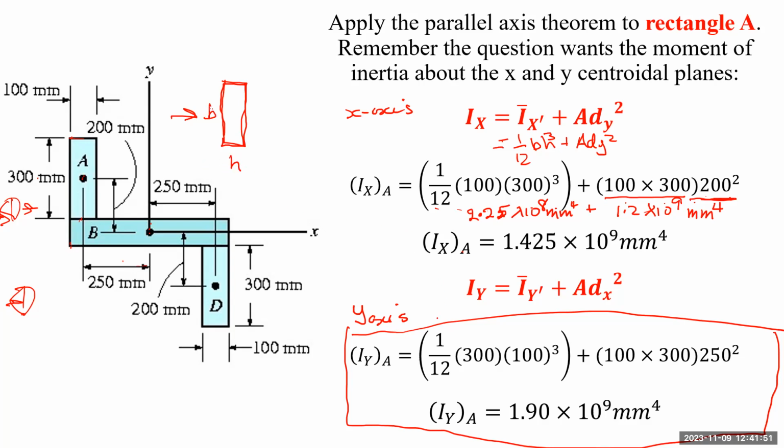Any clarification there? So the formula in a sense is the same formula, but only at different values. So your H is going to be 100 and your breadth is going to be 300 millimeters. So it switches around. So now you're going to have your B as 300 and your H as 100. So it shifts around.